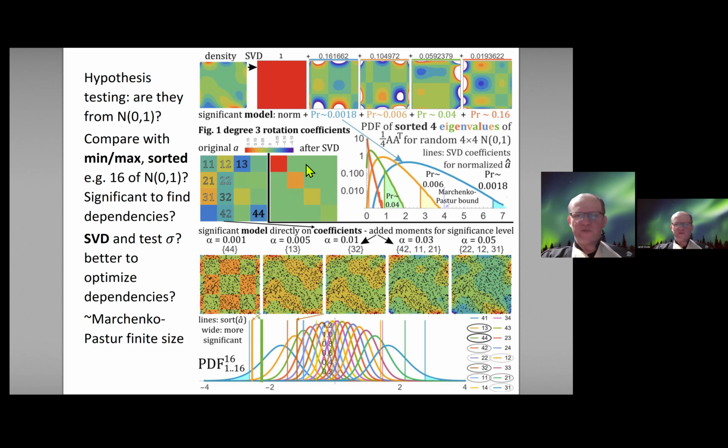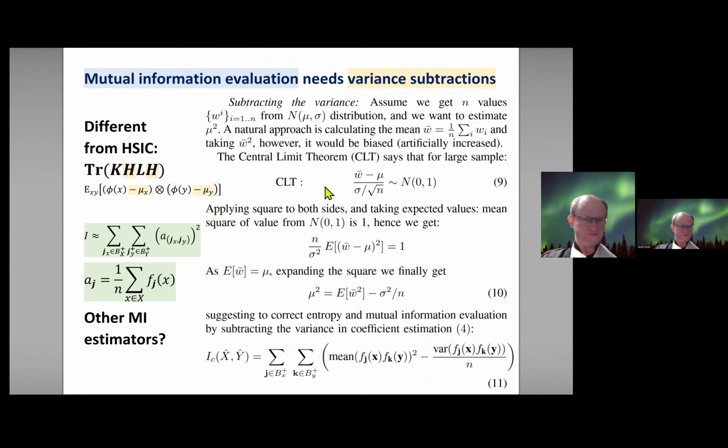What is the distribution? For an infinite matrix, it would be the Marchenko-Pastur distribution, but this is a very finite matrix, like 4 by 4, so we cannot just use Marchenko-Pastur. Empirically you can easily find this distribution by just taking random matrices and looking at their spectrum: the singular value distribution for the first, second, third and fourth.